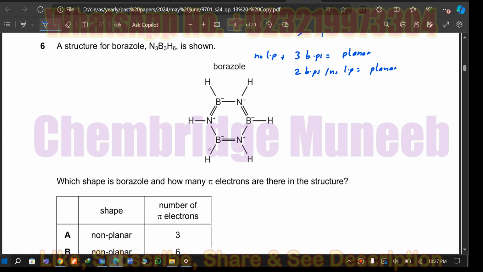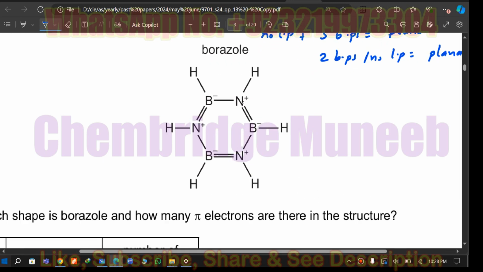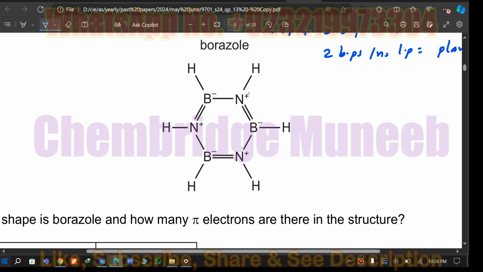In this structure, we can see that nitrogen is making bonds with 1 hydrogen and 2 boron atoms. Here this is 1 bond pair, this is the 2nd bond pair, and these 2 lines are basically a double covalent bond, and this double covalent bond will be considered as 1 bond.